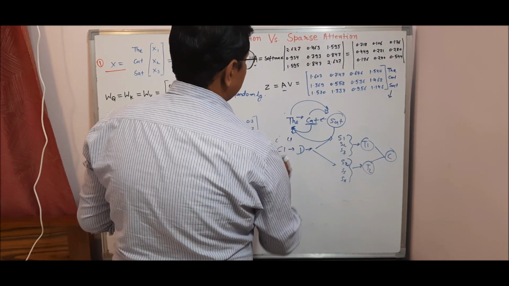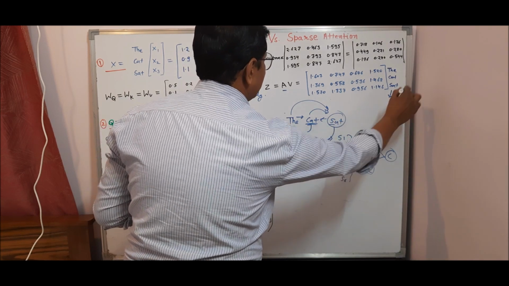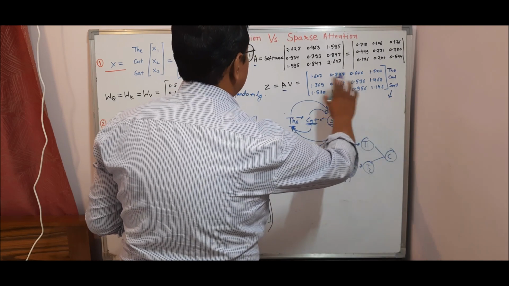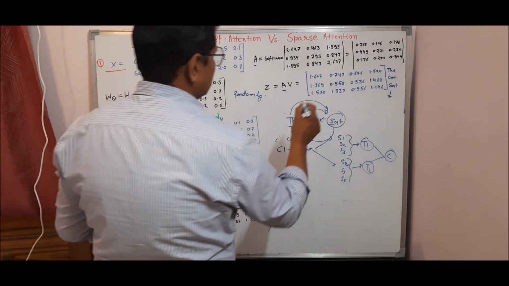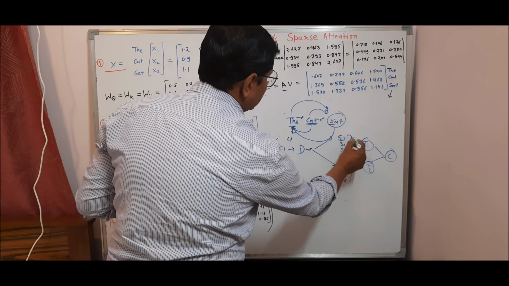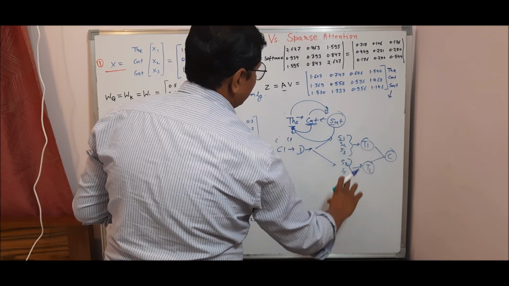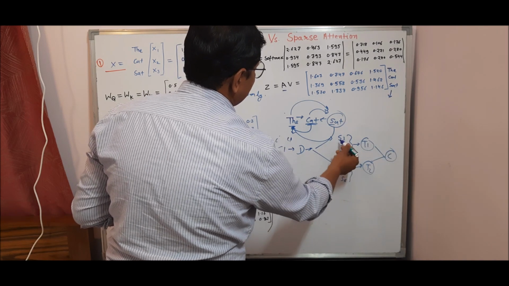So in that case, if you take the entire sequence of words, the cat sat on the mat, and then take all the words of all sentences and calculate the self attention, what will happen? The first problem will be that you will lose this kind of semantic hierarchy or information that is preserved inside the sentences.